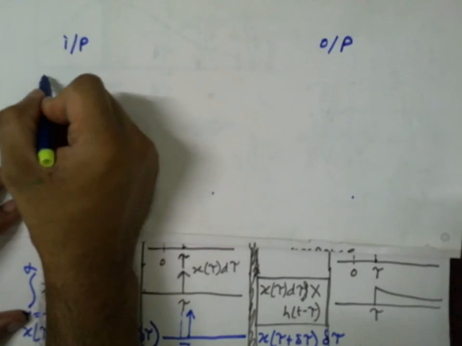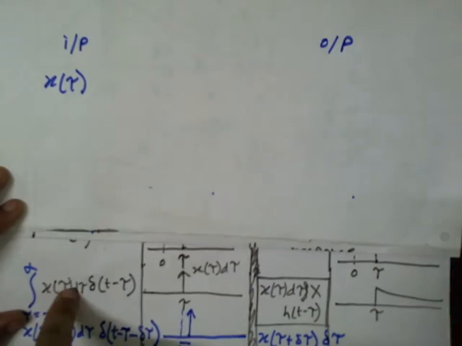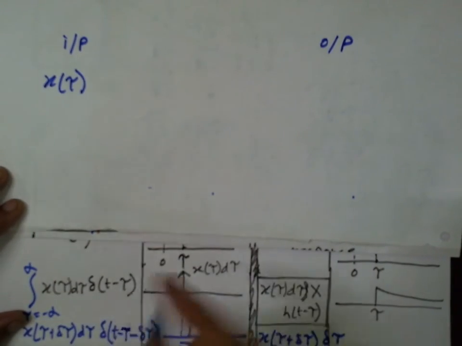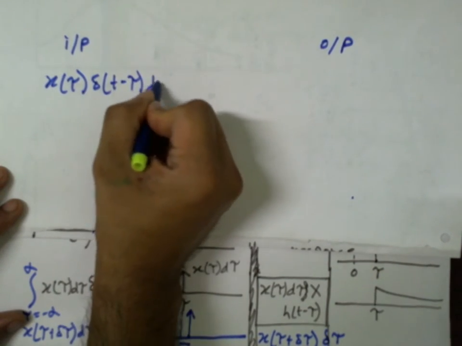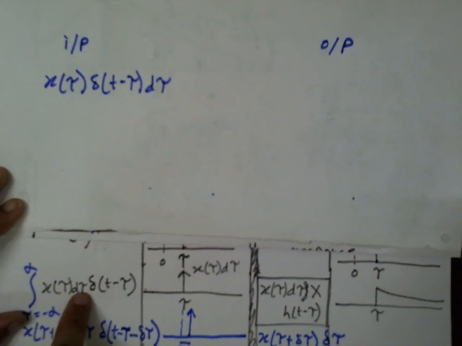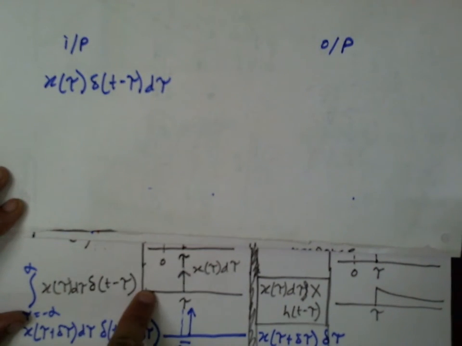So we have seen x(τ) δ(t − τ) dτ. I have reorganized it by taking dτ at the end.